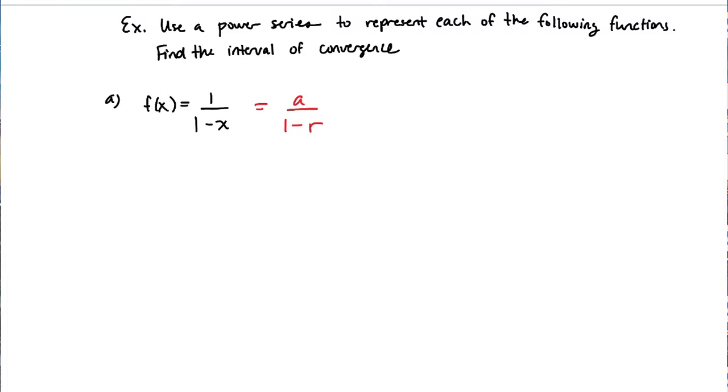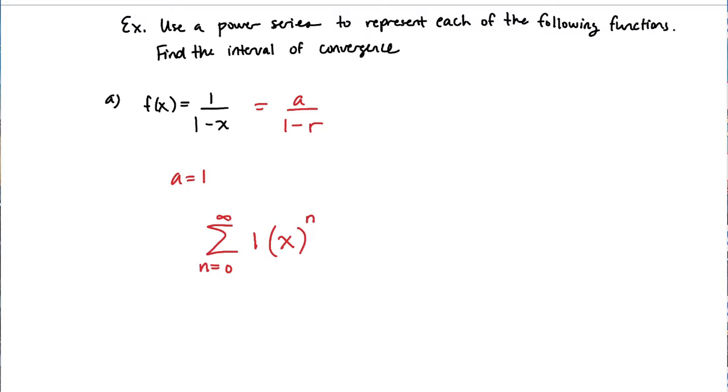To me, that screams that a is our first term, 1, and then our ratio is x. So if we put that in our formula, we get the sum of x to the n, that is the geometric series identity. And we need to have first term equal to 1, so I need to start at 0.